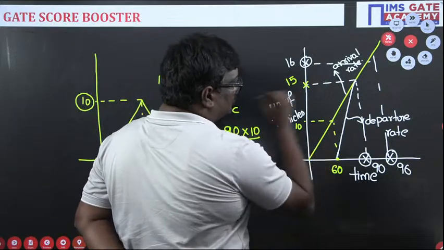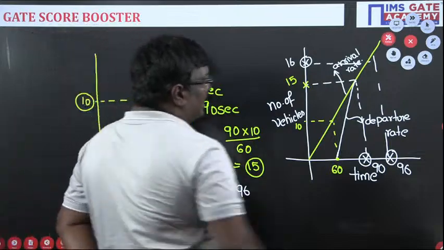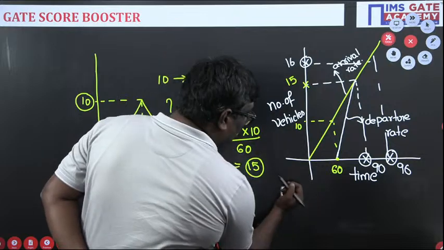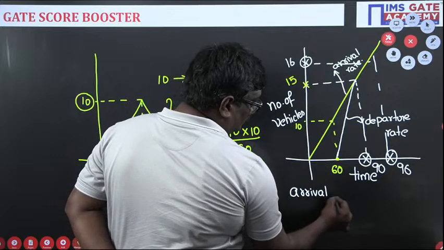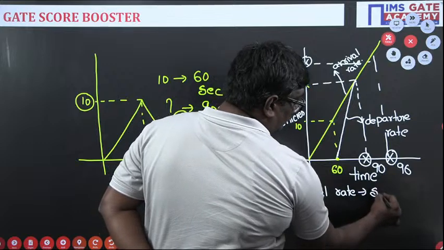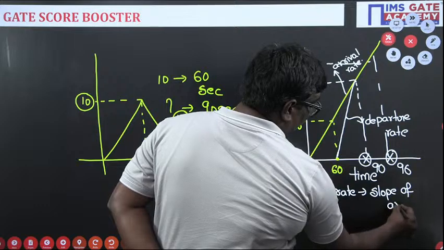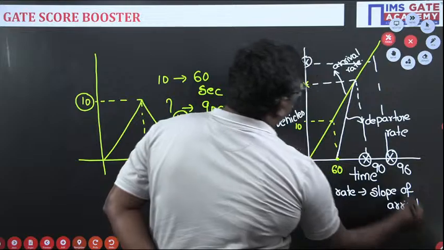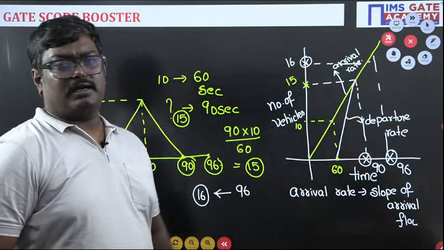First of all, let me tell you one important thing. If they ask you saturation flow or arrival rate, that is nothing but the slope of arrival flow. So what is the slope of arrival flow? The slope of this line. Am I correct or wrong?